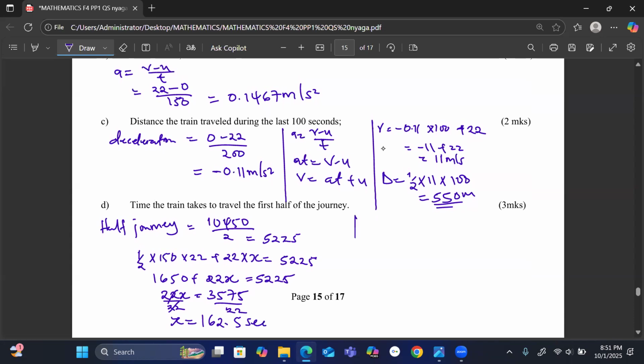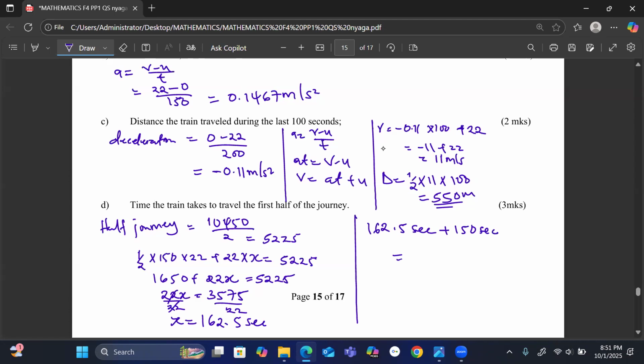Now we finish by, we now add the 150. So the total time of the first half is going to be 162.5 seconds plus 150 seconds.